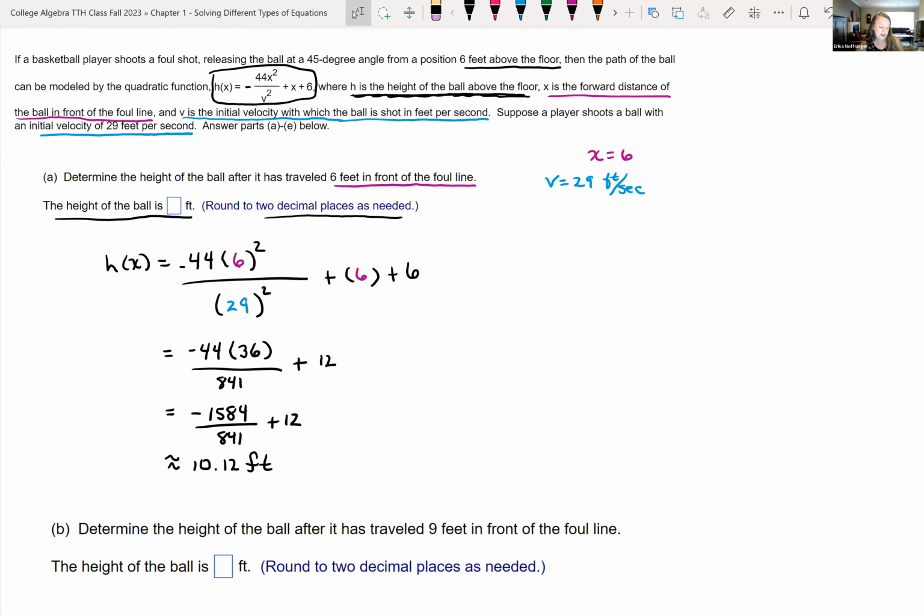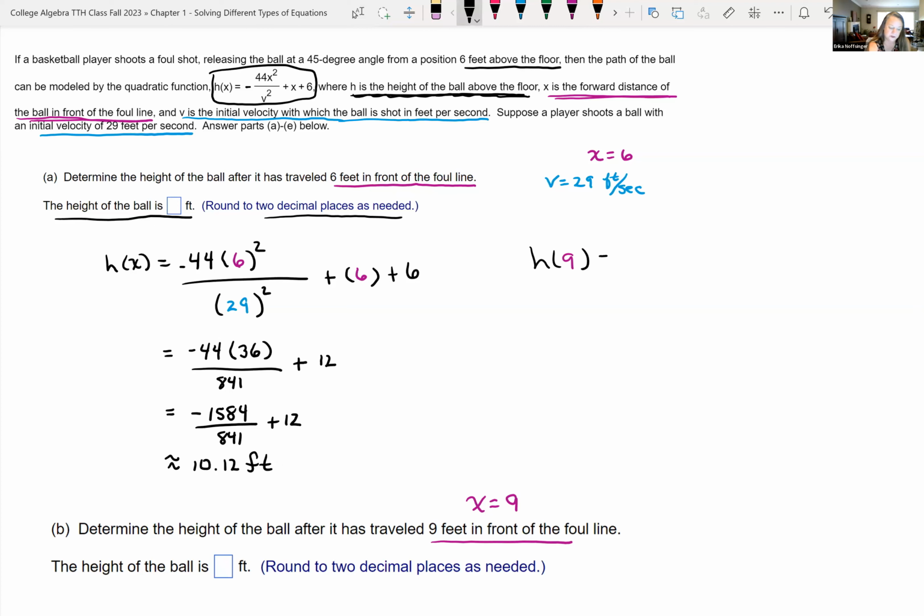For part B, it says determine the height of the ball after it has traveled 9 feet in front of the foul line. So the only difference in this problem is that our x value, the forward distance in front of the foul line, is 9. Another way to write this is h of 9.